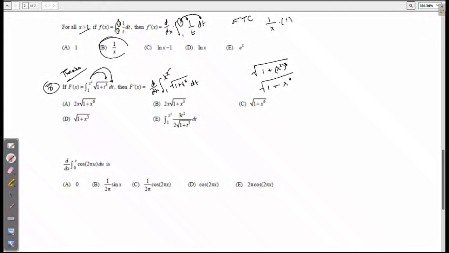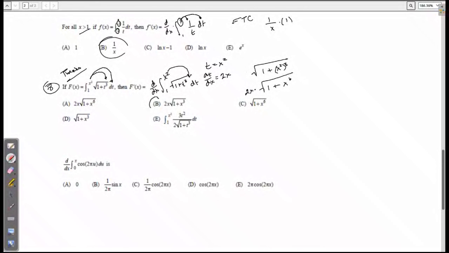But when I substitute into the differential, if t equals x squared, then dt dx is really equal to 2x. So I need to take this expression and multiply by 2x.